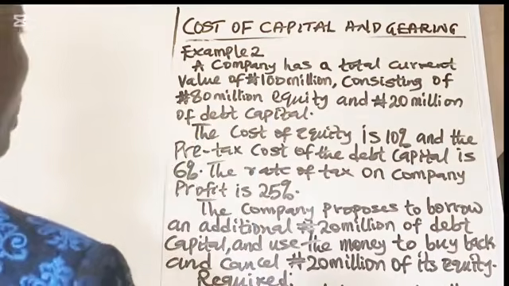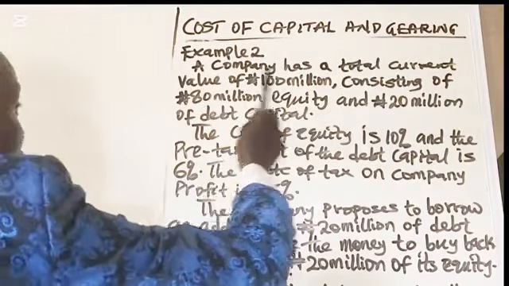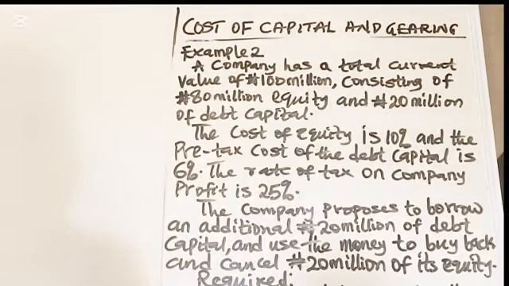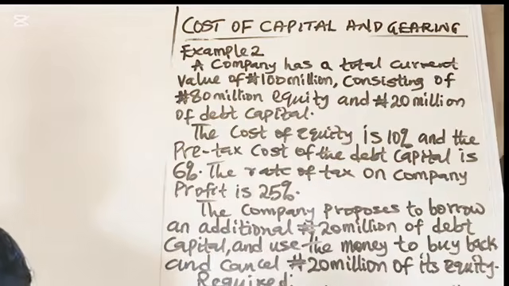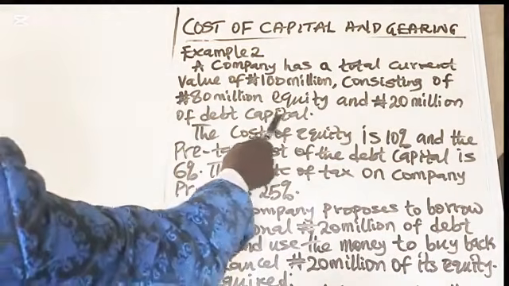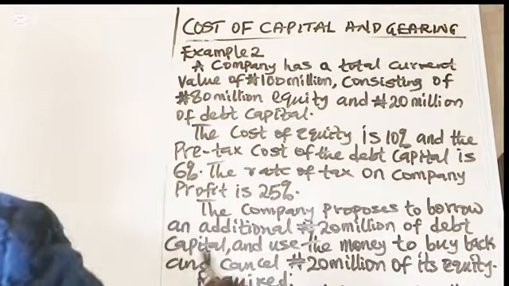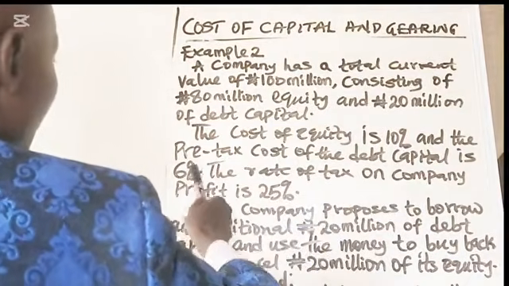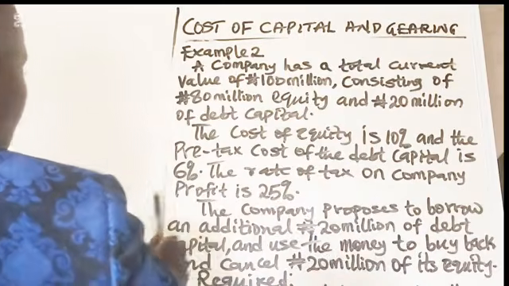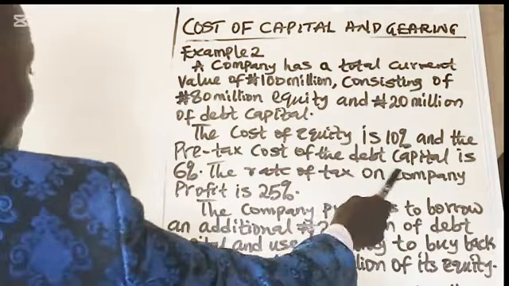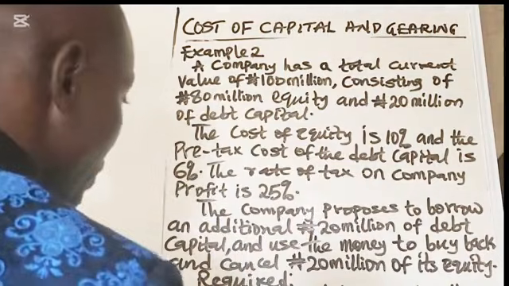Example 2. A company has a total current value of 100 million naira, consisting of 80 million naira equity and 20 million naira of debt capital. The cost of equity is 10% and the pre-tax cost of the debt capital is 6%. The rate of tax on company's profit is 25%.